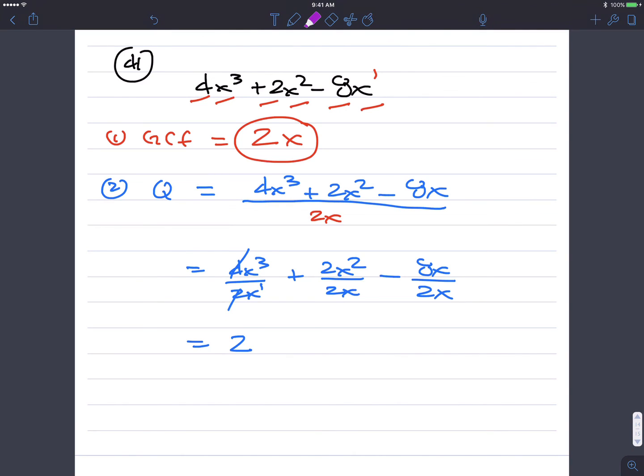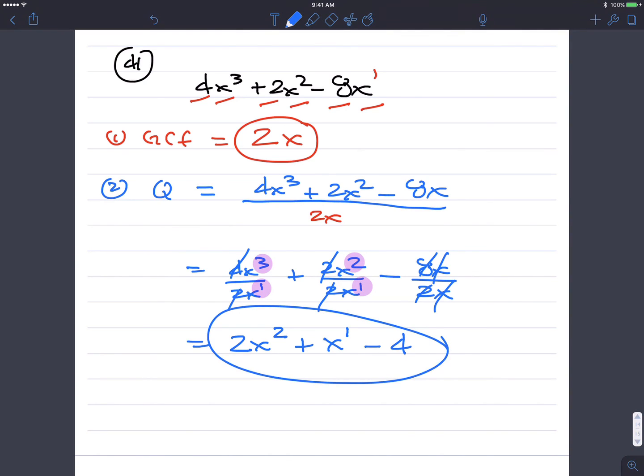X to the 3rd divided by x to the 1st, that's x to the, what's 3 minus 1? 2, good. Now 2 divided by 2 is gone. Now I have x to the 2nd power divided by x to the 1st power. So what is 2 minus 1? 1. Okay, minus 8 divided by 2 is 4. X over x is gone.